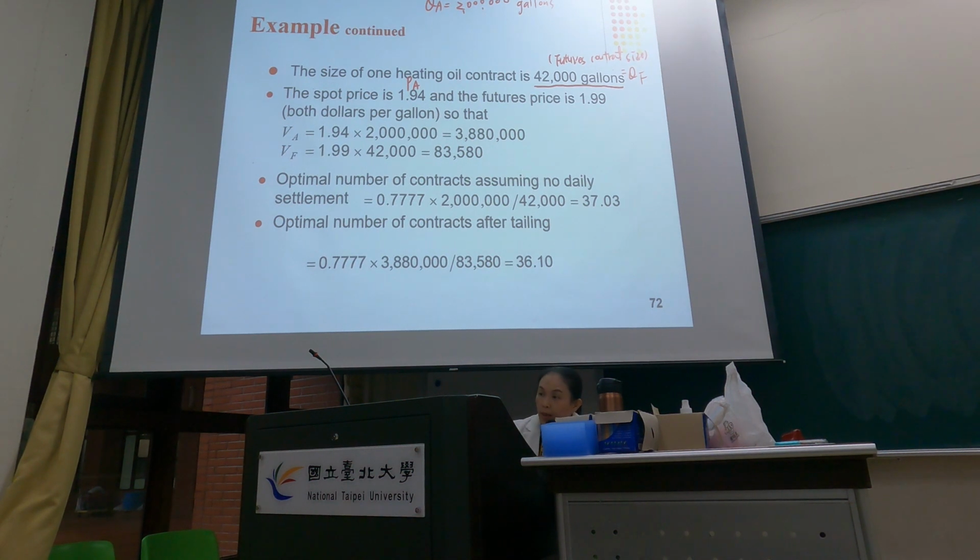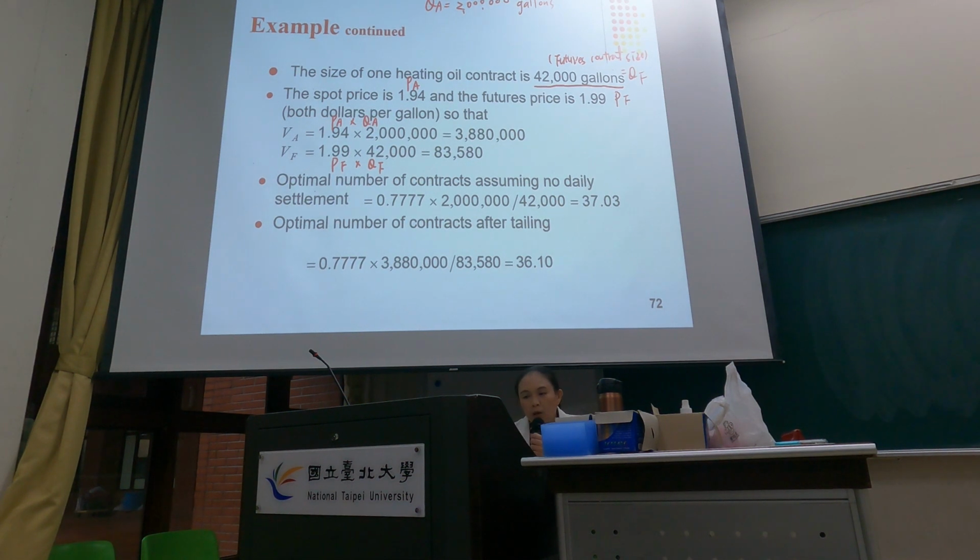A stands for asset, so it's the current spot price. And futures price stands for PF. So basically, VA would equal PA times QA. Agree? And then VF equals PF times QF. Are we okay so far?